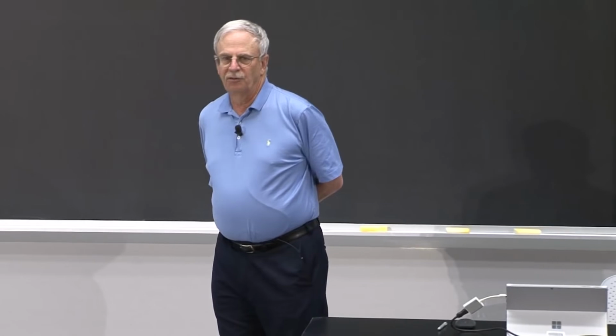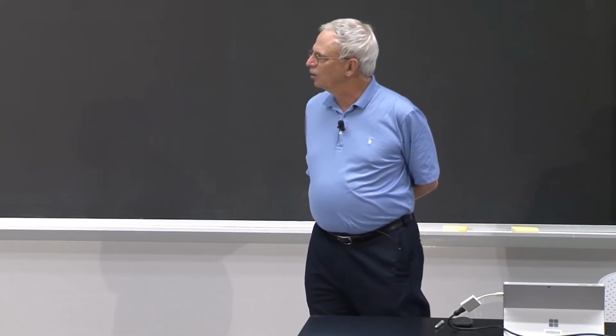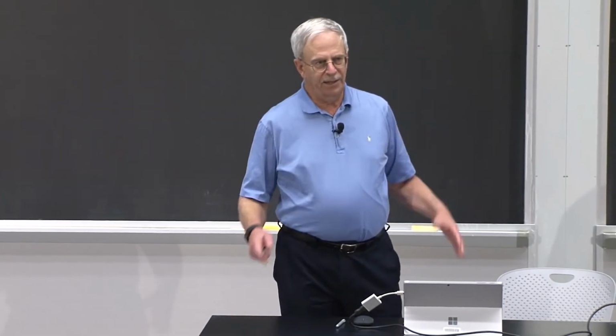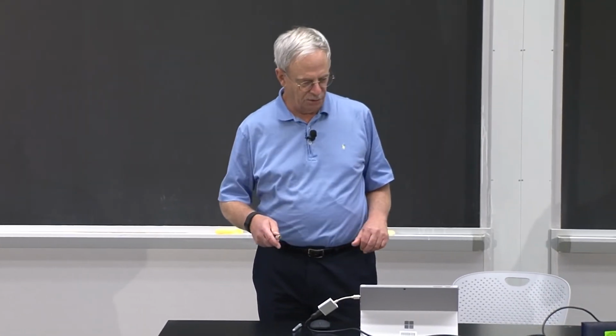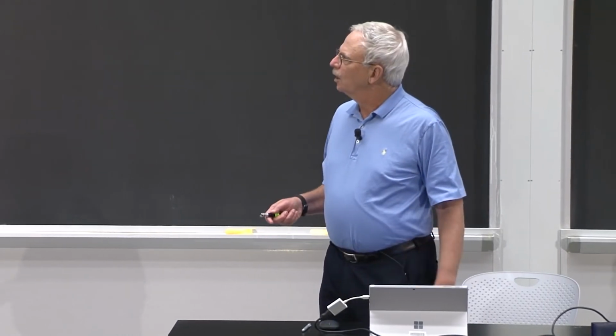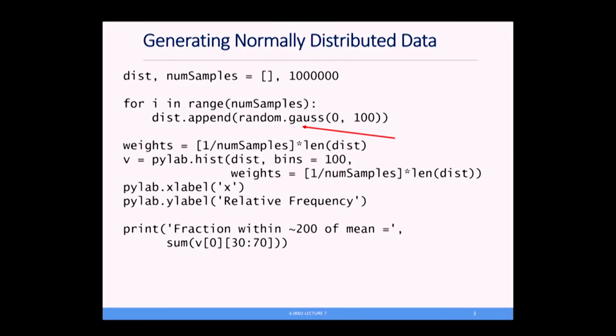Normal distributions are very easy to generate in Python. I have a little example here of generating not a real normal distribution, but a discrete approximation of one. And the thing to really notice about it here is this line, random.gauss. That's a built-in function of the random library.